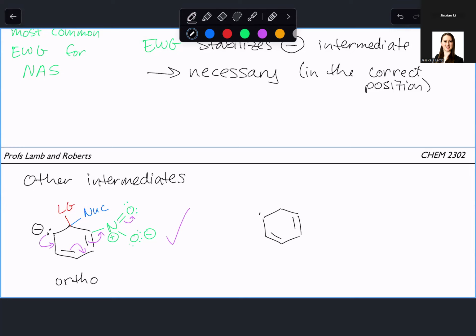Let's look at meta. I put my leaving group and my nucleophile. I'm going to put my nitro group meta to the leaving group, so down here. Okay, so this is our meta example. This is what the intermediate would look like.